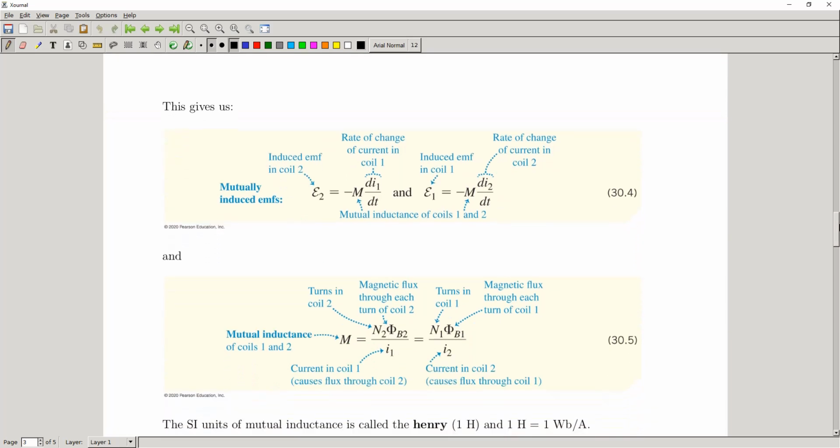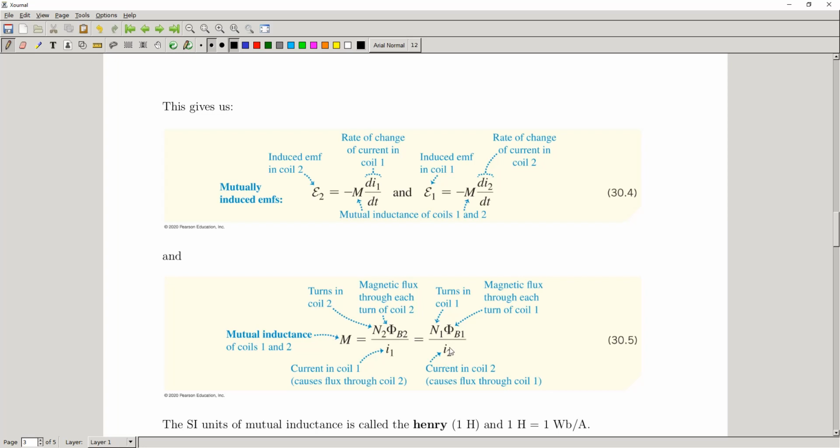So in that case, looking at this equation here, we can write M either in terms of the number of turns in coil 2 times the magnetic flux going through coil 2 divided by the current in 1, or we can flip the 1's and the 2's and write it as the number of turns in coil 1 times the magnetic flux through coil 1 divided by the current in coil 2, right?